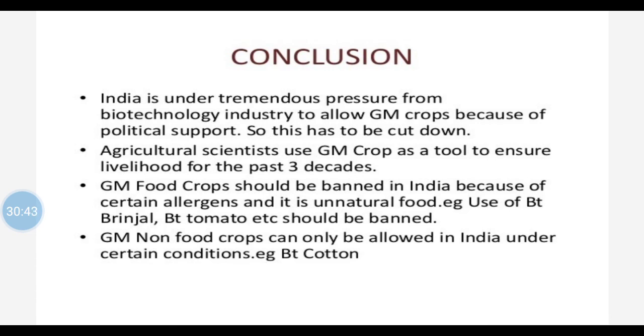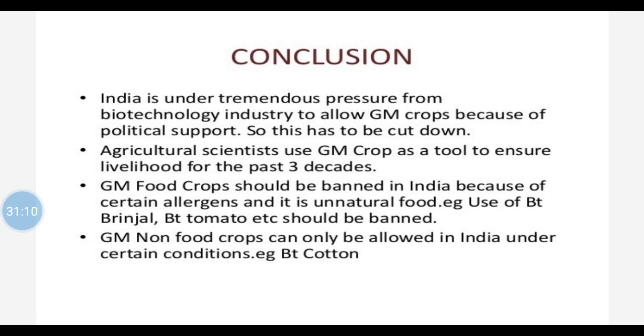So finally, the conclusion is that in our country the pressure of this biotechnology technique, recombinant technology, is there nowadays, and industries are pressurizing to allow GM crops and legalize this.